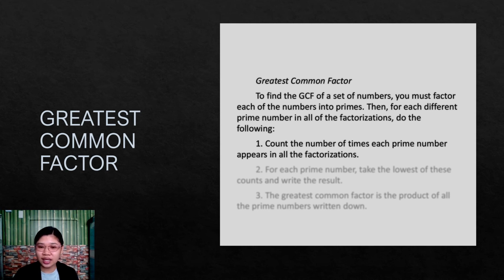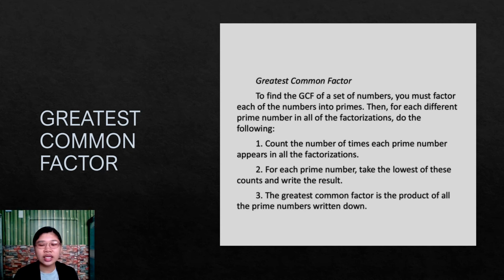And then, second, for each prime number, take the lowest of these counts and write the result. Lastly, the greatest common factor is the product of all the prime numbers written down. So to visualize this, I will be presenting an example.